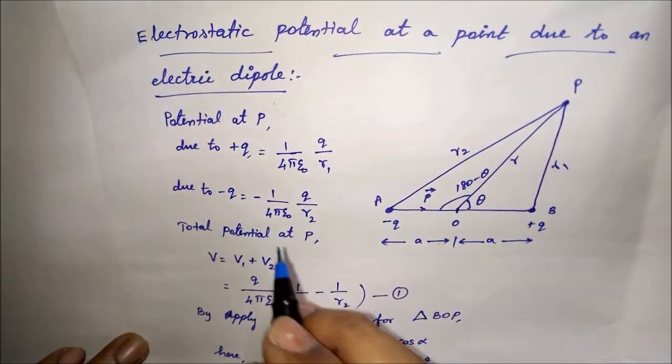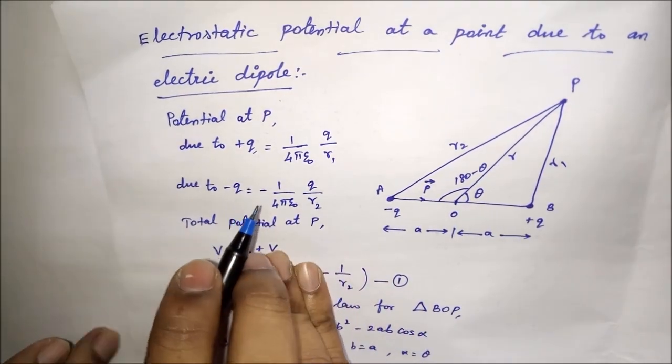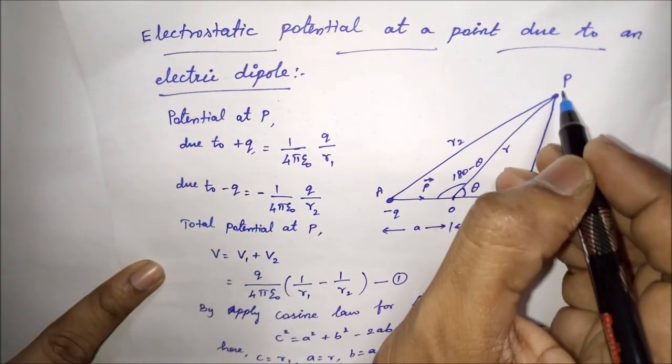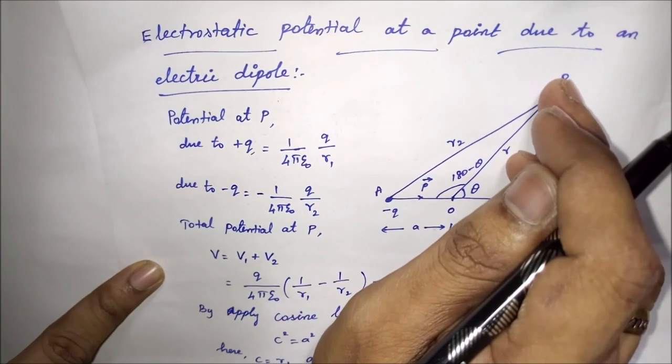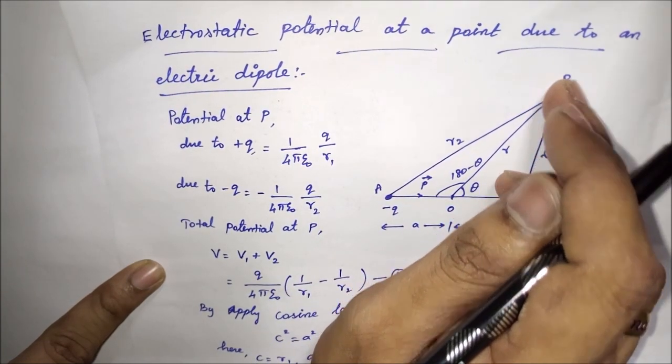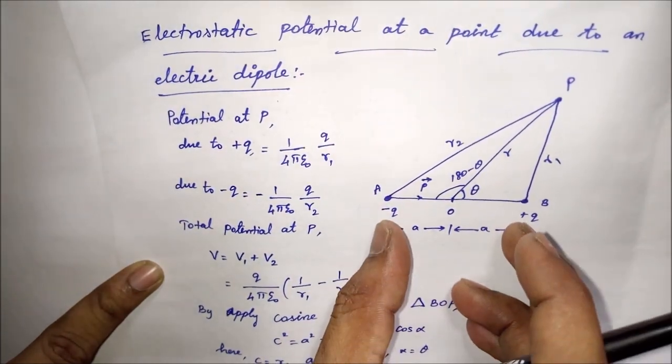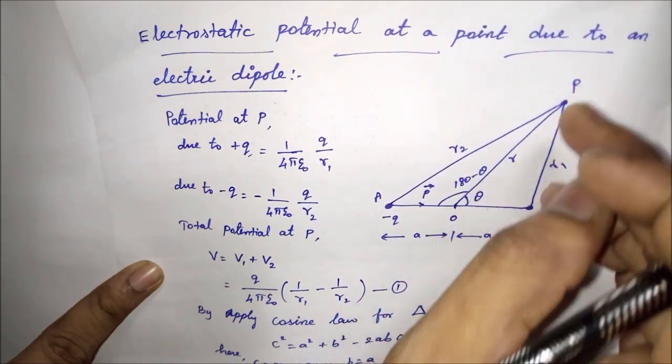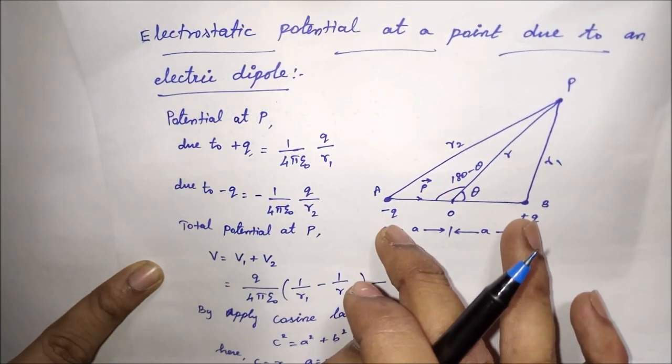Now we are trying to calculate the potential with respect to the positive charge and the negative charge. Next we have to calculate the total potential developed at P due to the dipole.